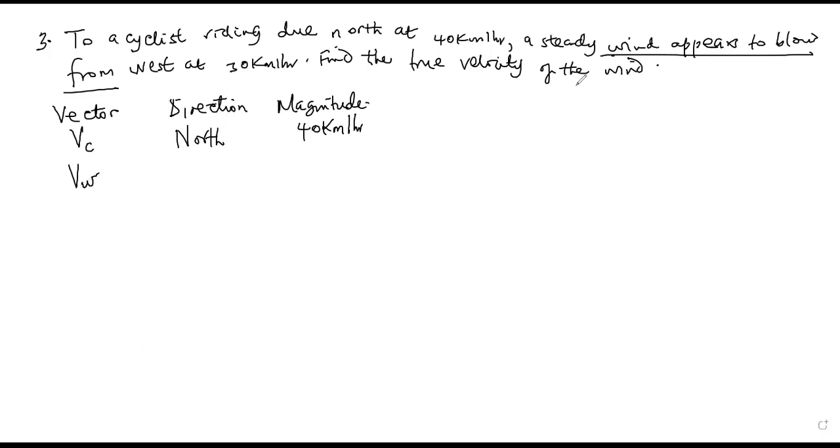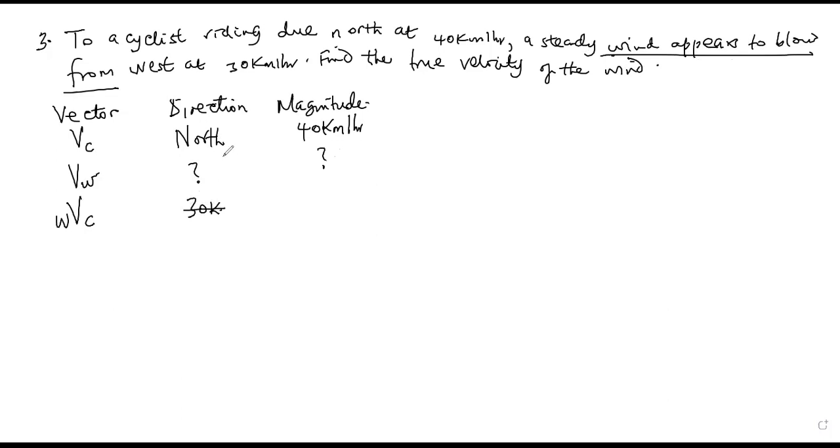We don't know it because they need it. They need actual velocity of the wind. So we don't know the direction of the wind. We don't know its magnitude of the velocity. But when they say the wind appears to blow from, it means that this is the velocity of the wind relative to the cyclist. If they say wind appears to blow from, so it is wind relative to the cyclist.